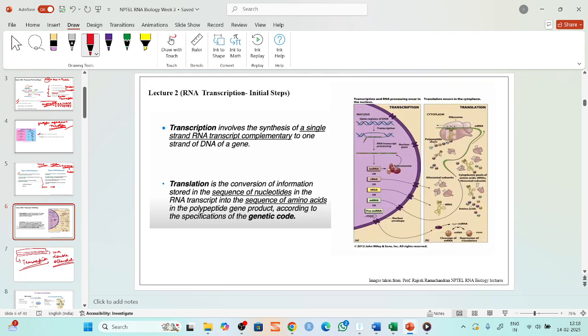That is why it is written that transcription involves the synthesis of a single-strand RNA transcript complementary to one strand of DNA. And then what is translation? Translation is the conversion of information stored in the nucleotides in the RNA transcript into the sequence of amino acids according to the specifications written in the genetic code.